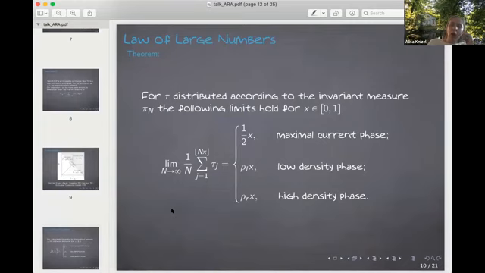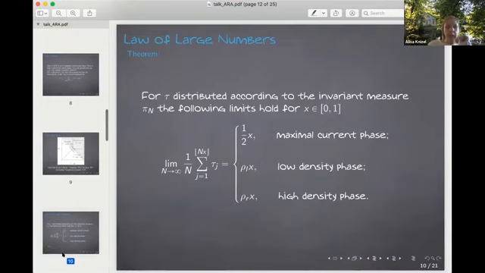If we start at stationarity and consider this weighted sum of the occupancy variables tau j, then we'll see the following three profiles depending on the type of the phase that we are in. So it can be 1/2 times x if it's the maximal current phase. So this is the law of large numbers for the open ASEP.